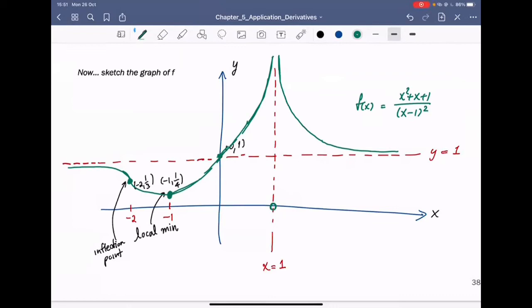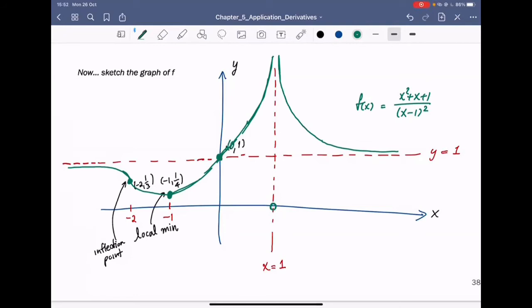At least 10 points on the exam for one question. This is a big question for sure. All right, any questions on this example? We're going to do one more example, and then we're going to stop sketching graphs and move to another topic.